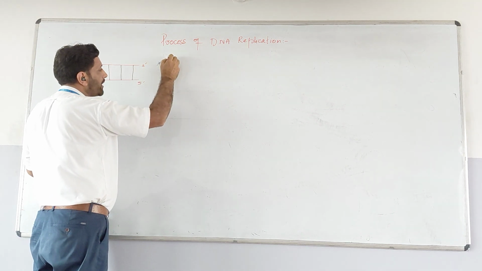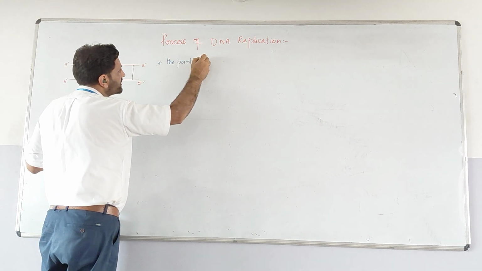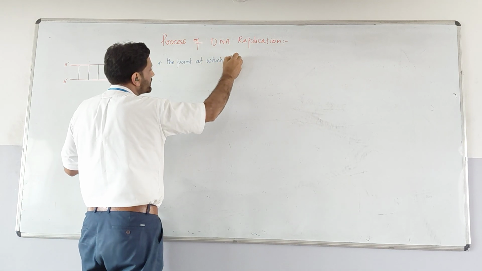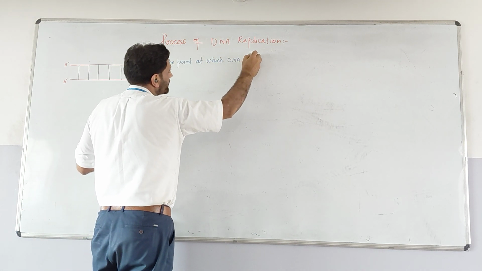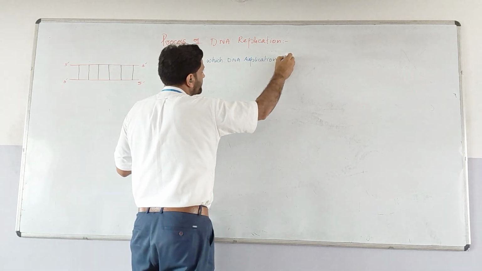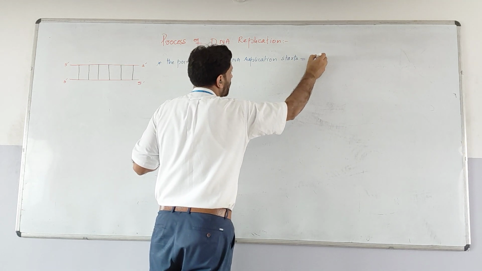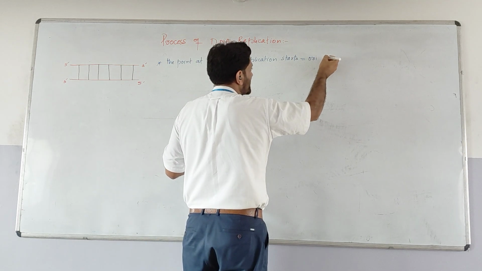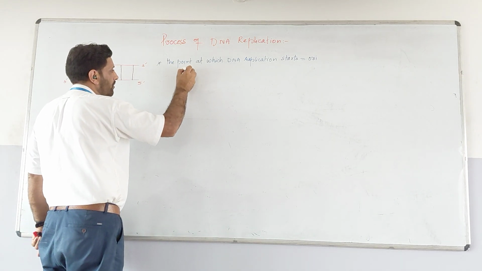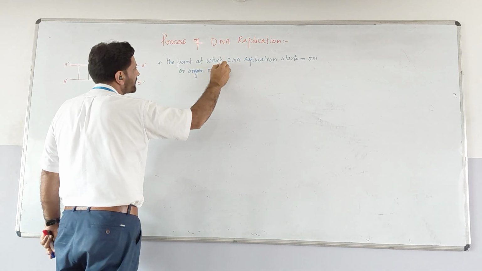So the point at which DNA replication starts is known as the ORI site, or we can say origin of replication.